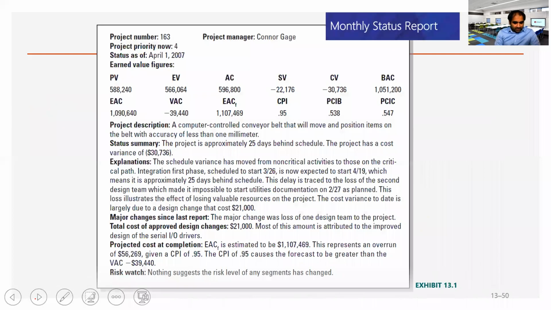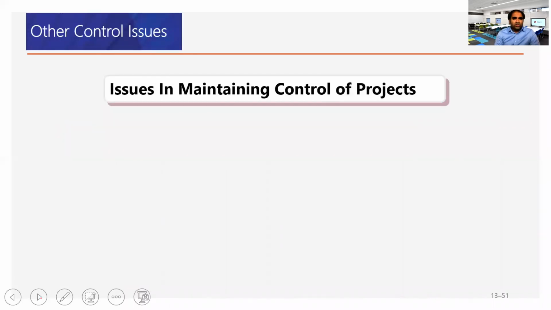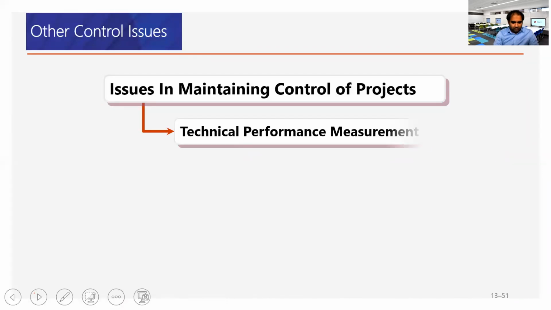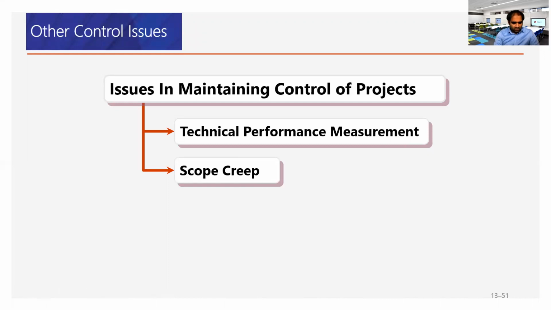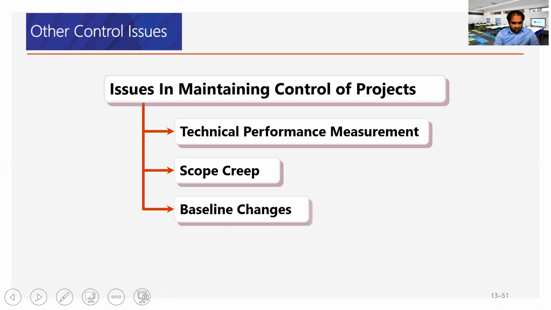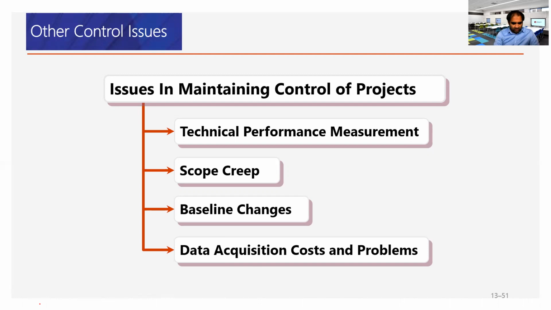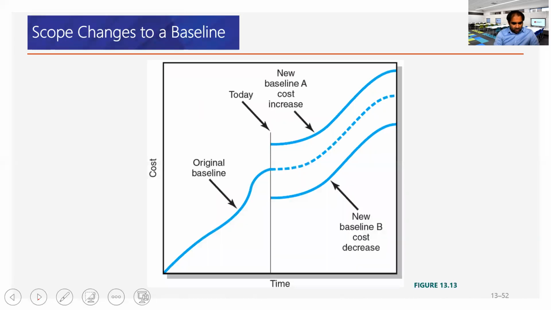In the next slide, this is a typical example or case study. I'm not going to go in detail. Other control issues, issues in maintaining the control of the project: technical scope creep. Then you have baseline changes, data acquisition cost and problems.